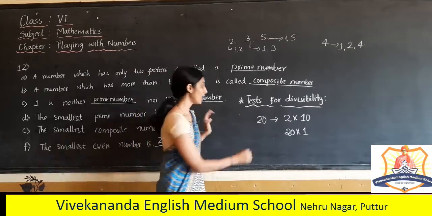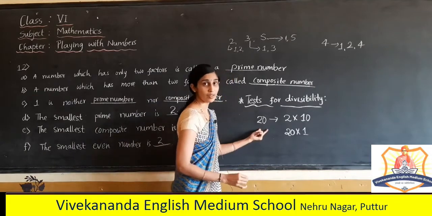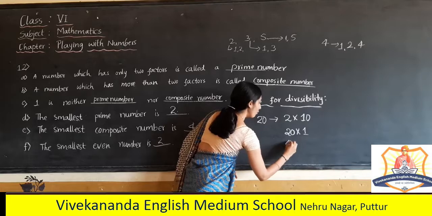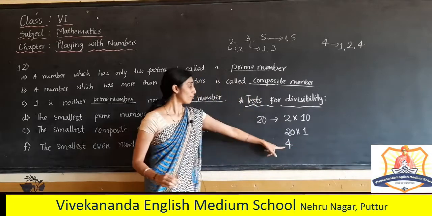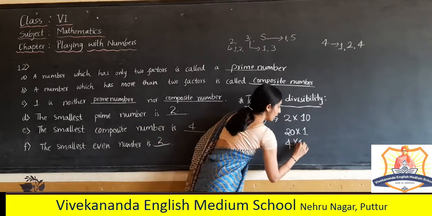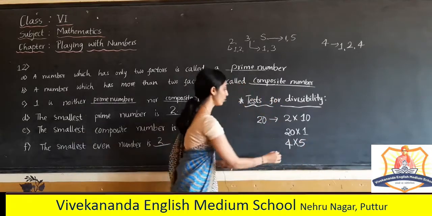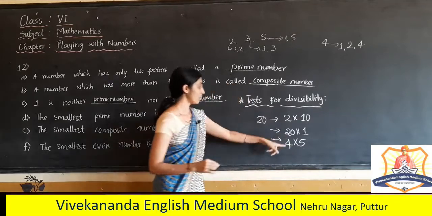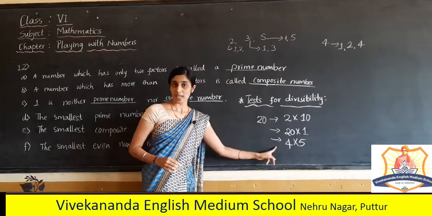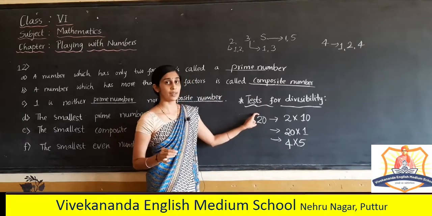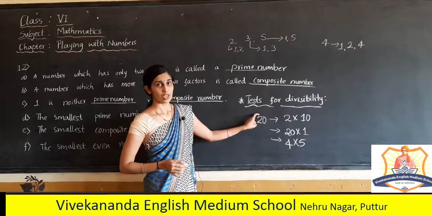Yes. 20 is a multiple of 4, yes. 4 fives are 20. So 4 and 5. Right. Is there any other number with 20 as its multiple? Okay, check it by yourself.